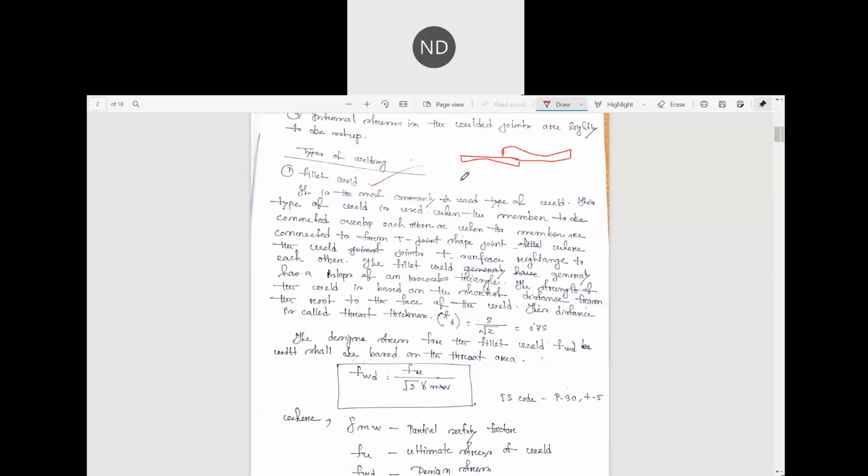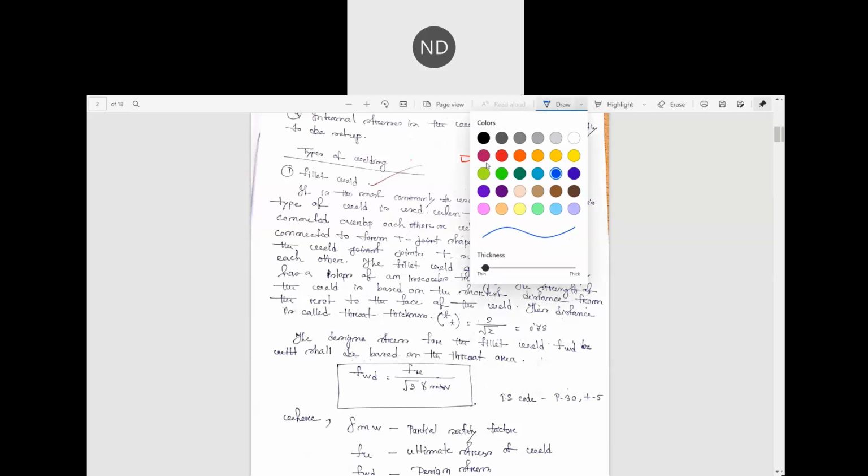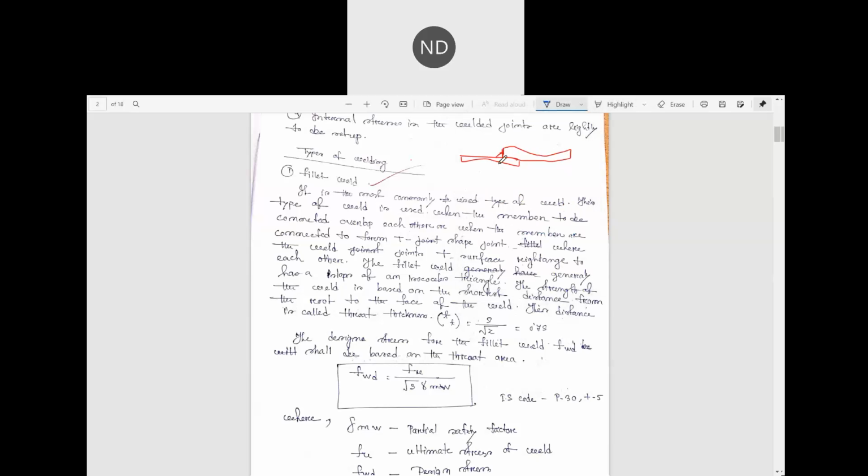Suppose these are the two plates you want to join. If you see the side view, this triangle is nothing but your fillet weld.